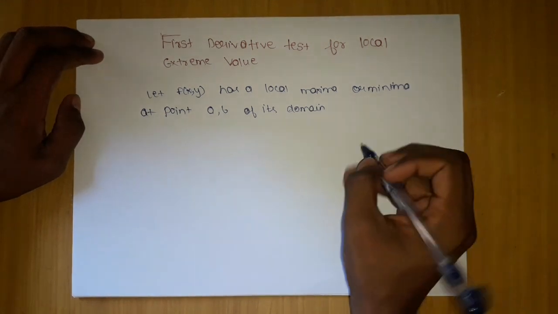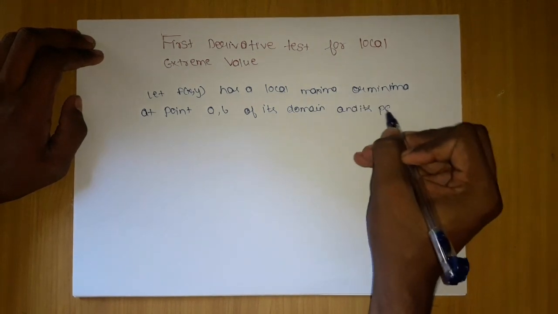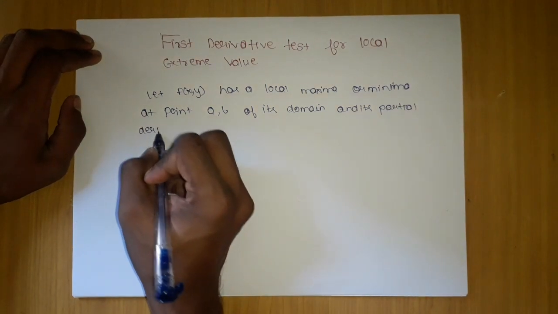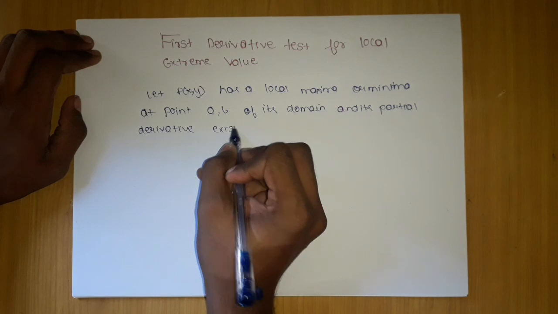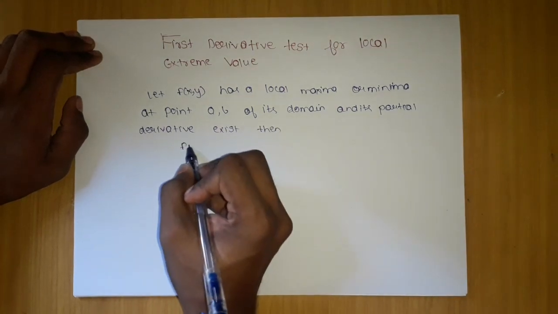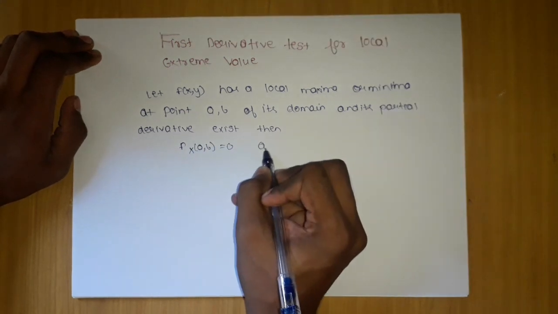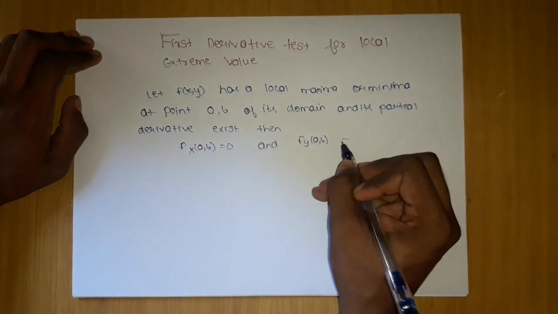And if its partial derivatives exist, then f_x(a, b) should be equal to 0 and f_y(a, b) should be equal to 0.